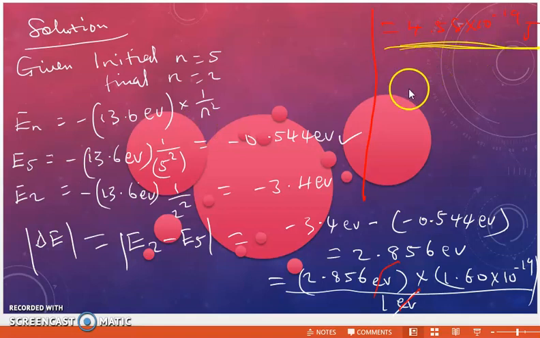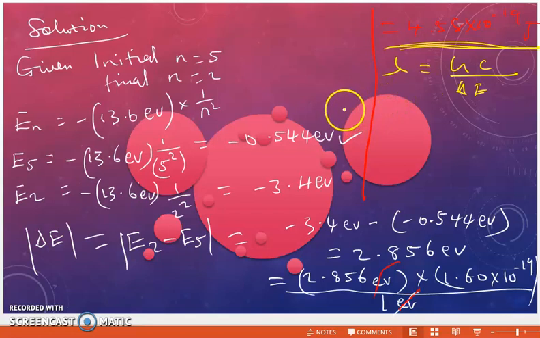To calculate the wavelength, which is given by lambda, it will be equal to hc divided by the change in energy. Of course, h is a constant, and c, the speed of light, given by 3 times 10 power 8 meter per second, is also constant.